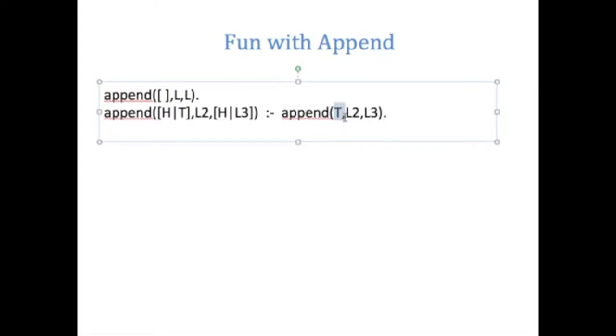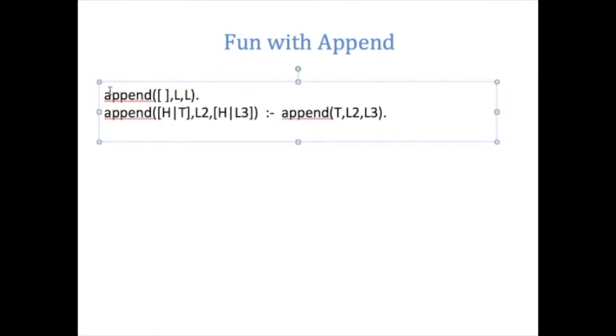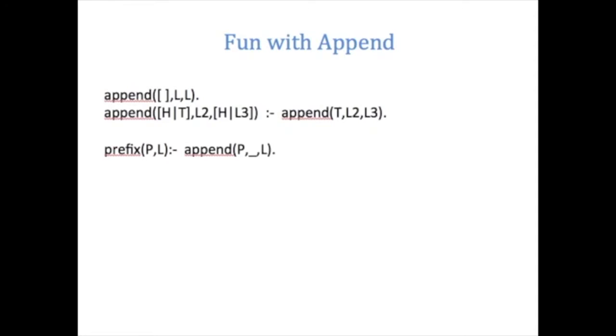And so we call append recursively to do that. Basically, we keep stripping off elements from T until it's the empty list and the base case is found.